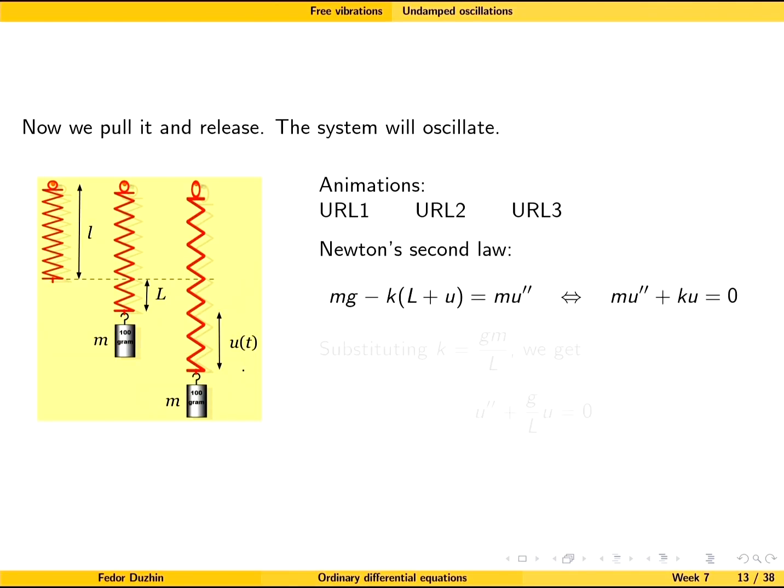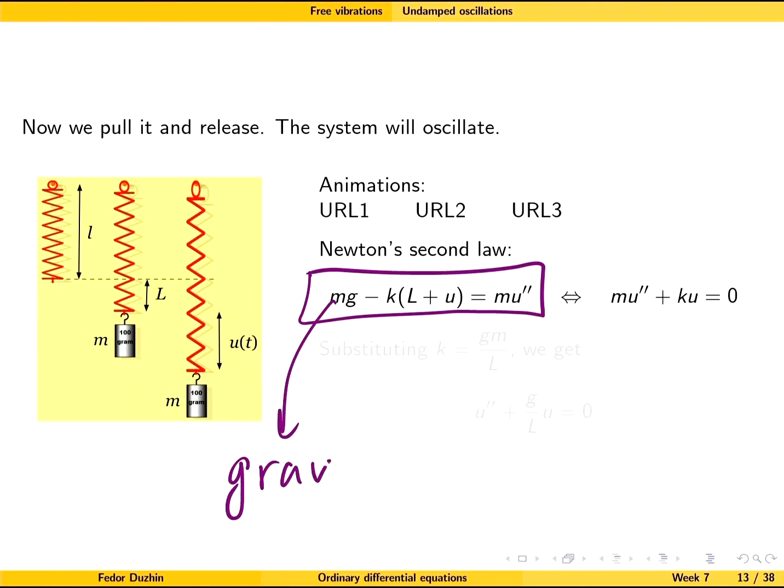Then writing down Newton's second law of motion, we get this, right? Because the left-hand side is the sum of the forces acting on it, and the forces are the force of gravity, that's the gravitational force, and this is the spring force from Hooke's law.